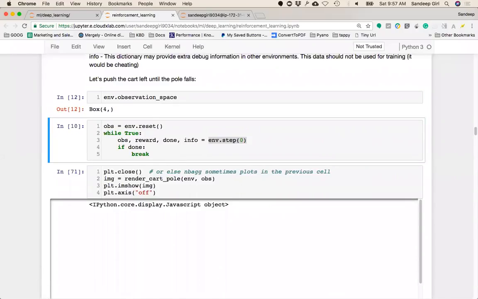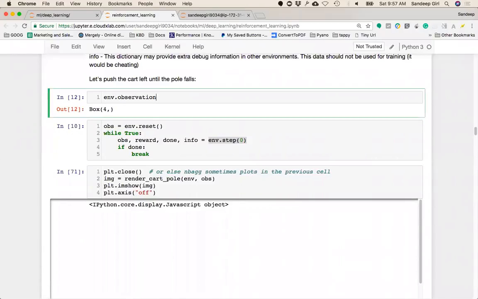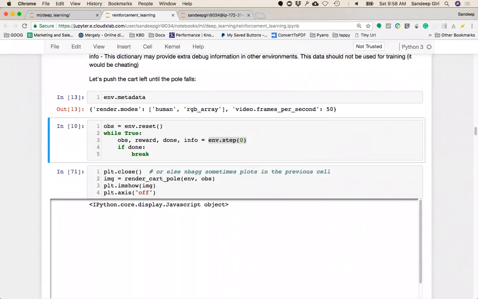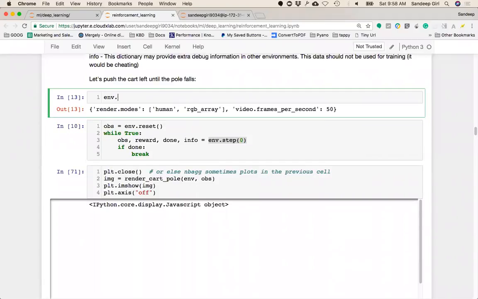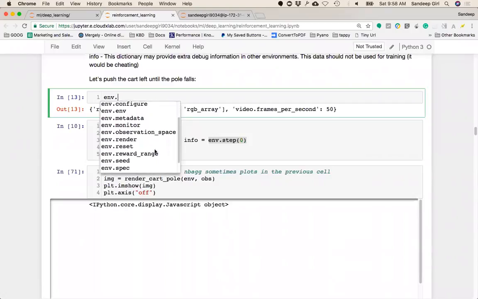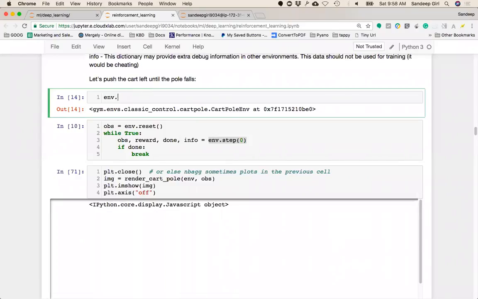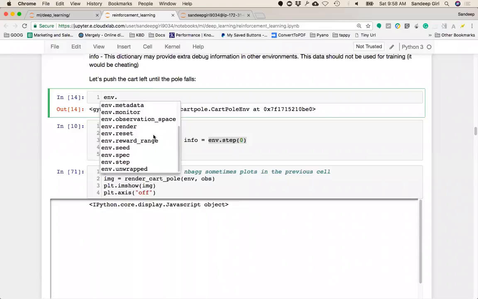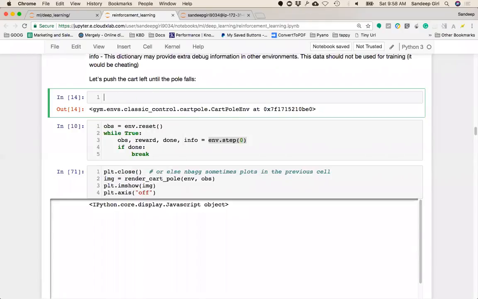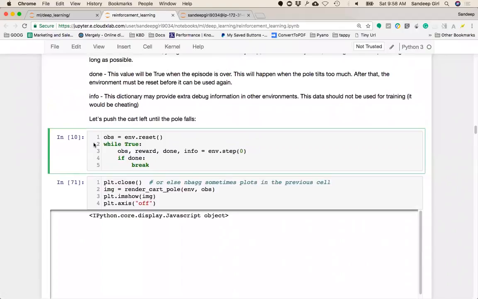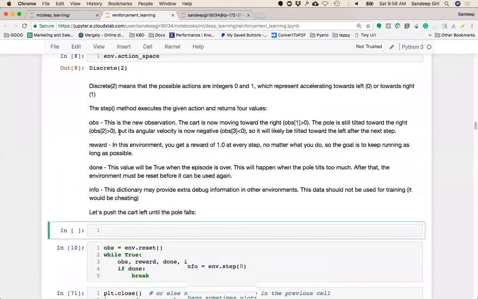Yeah, I think this is the one. There would be some names, but from the documentation, the various observation values are essentially these.